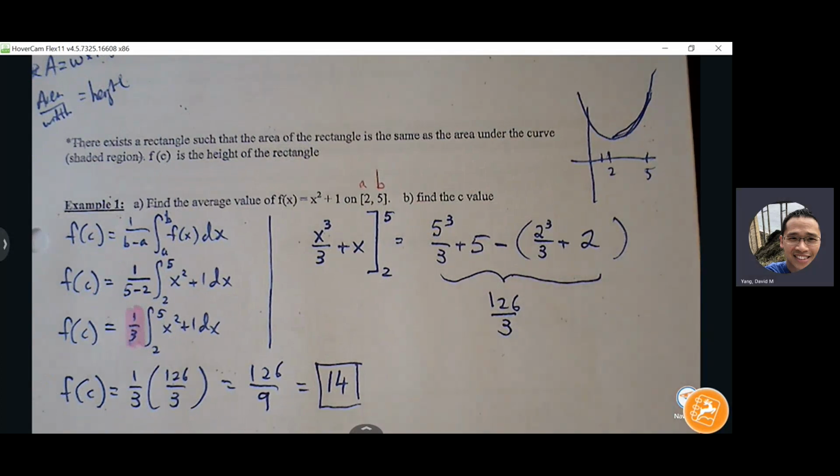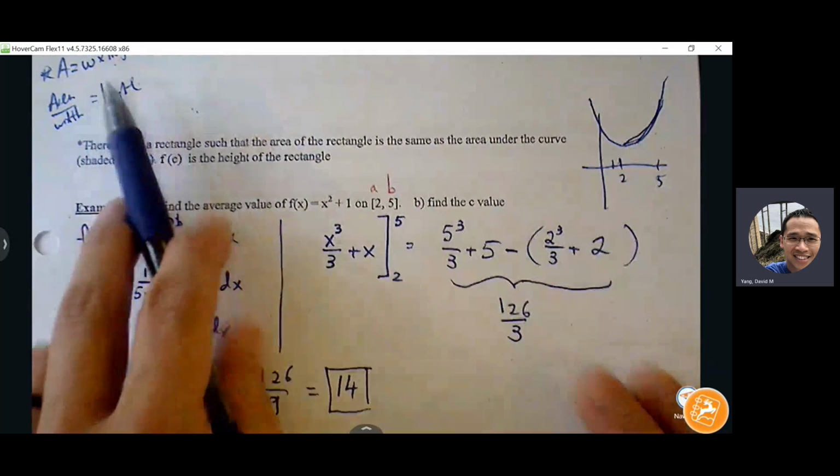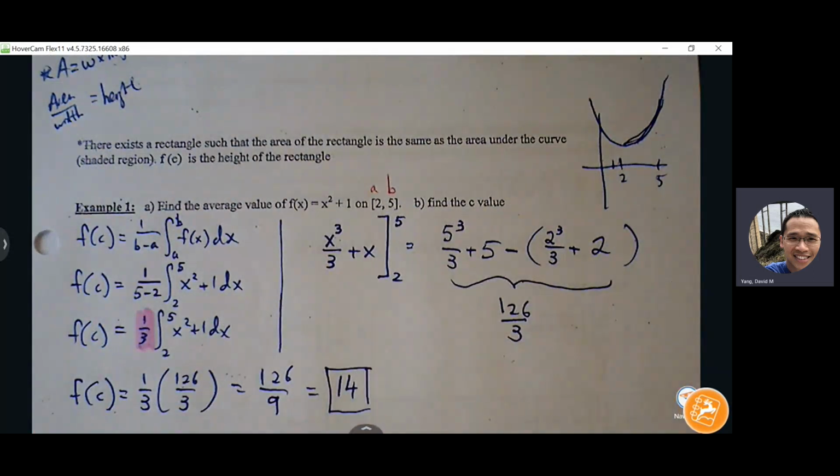Okay, so the formula feels complicated, but if we understand the concept of, oh, we're just rearranging the area of a rectangle formula, then it feels a little bit more familiar. Okay, all right, so that's part A. Any questions there? We found the average height.